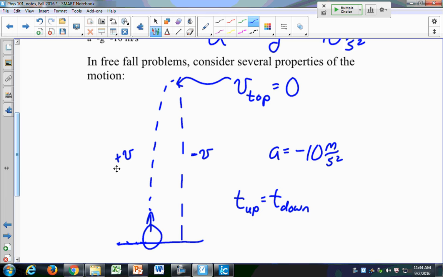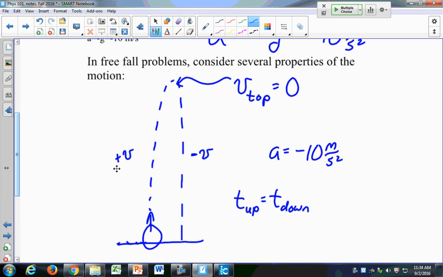Also, sort of wrapped up in that, because it goes up in a certain amount of time, and then it takes that same amount of time to come back down again, the velocity at this point is going to be greater, less than, or equal to the velocity at this point. It's going to be equal. So whatever your velocity, or whatever your speed is at this point, will be equal to the speed here. Now they'll be in opposite directions, but they'll have the same magnitude.